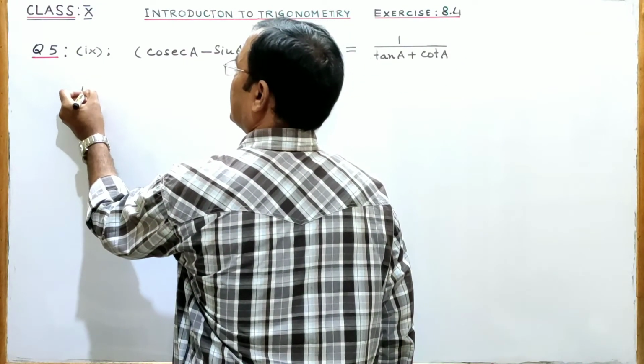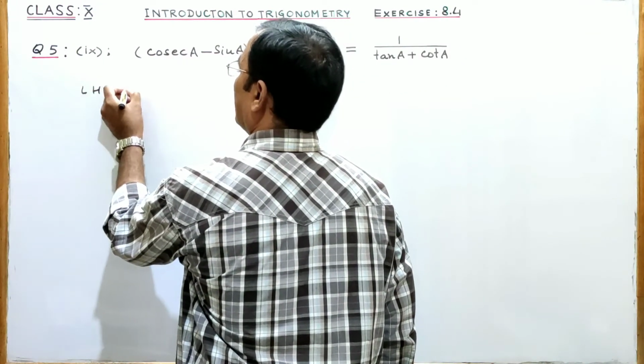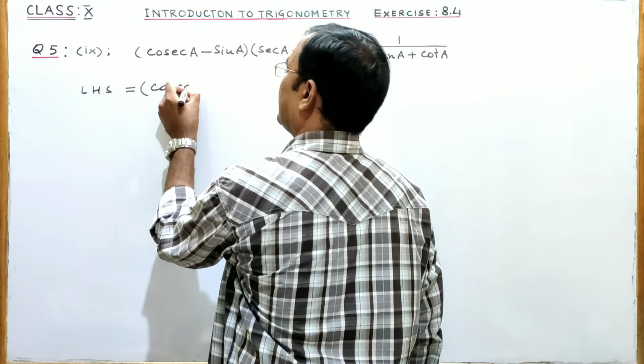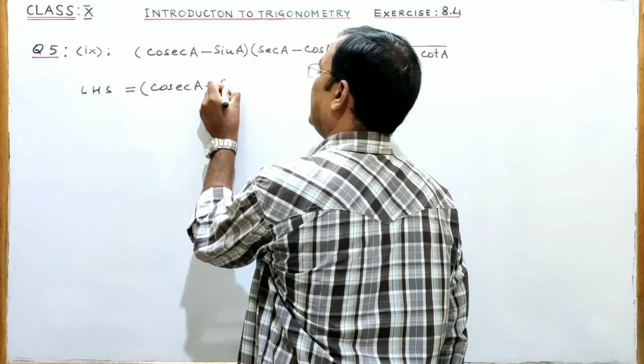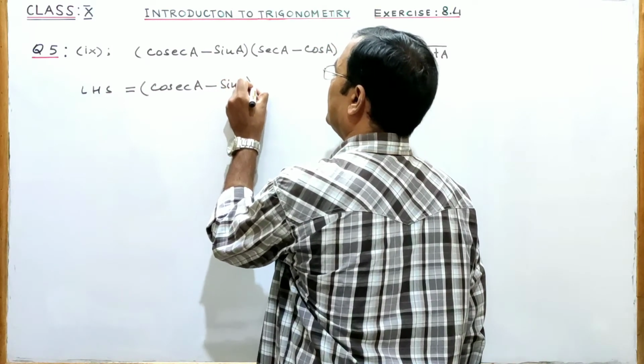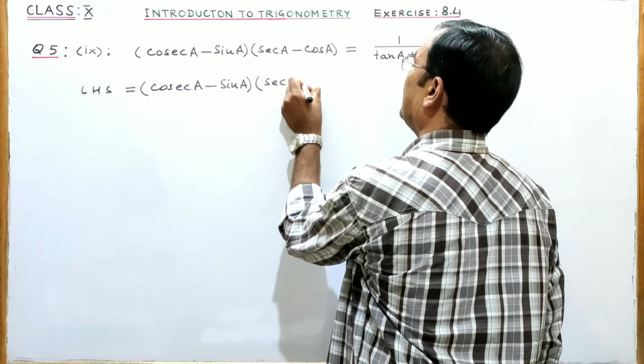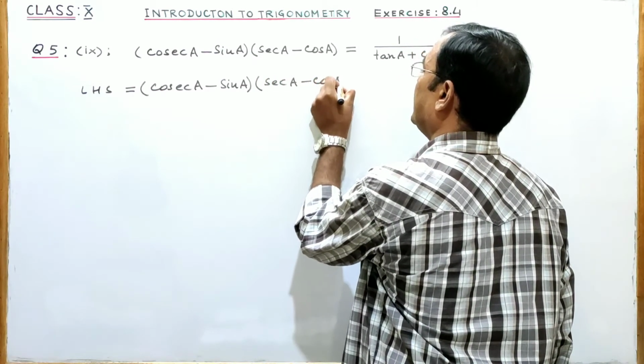Let us take first left hand side, which is equal to (cosec A minus sin A) into (sec A minus cos A).